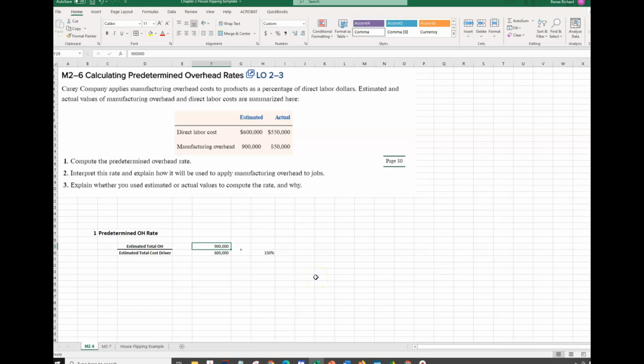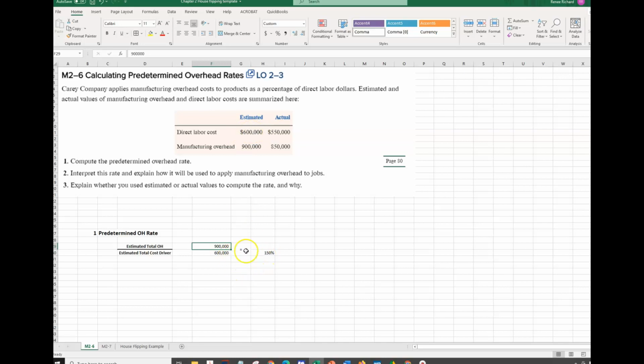So we're going to take the estimated total overhead, which is $900,000 right here, and we're going to divide it by the estimated direct labor cost. And this is our estimated direct labor cost or direct labor dollars.